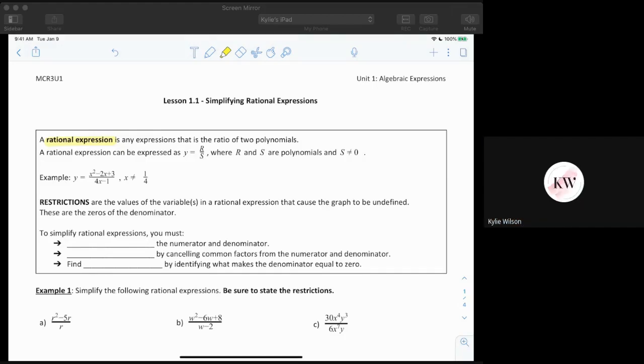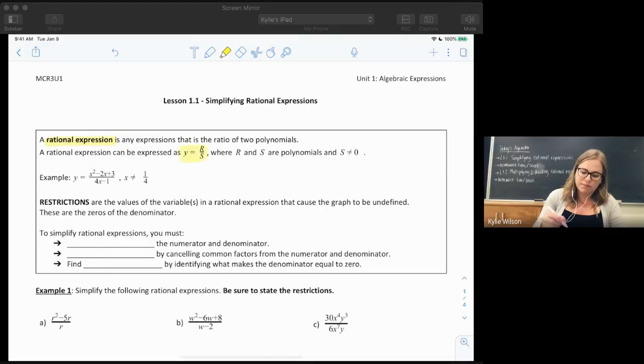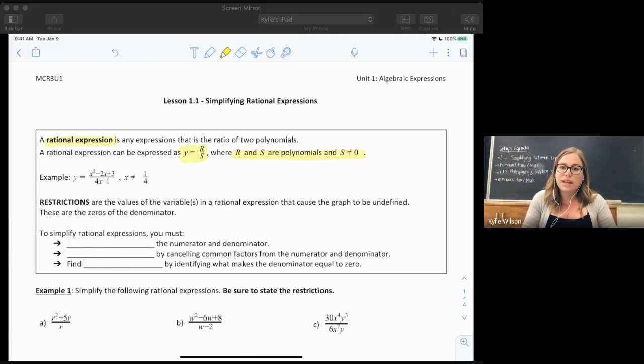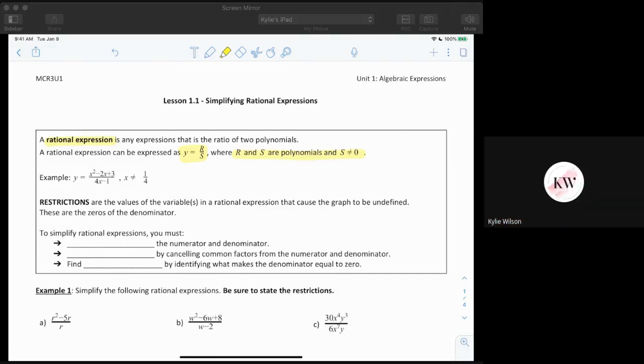So it can be expressed as y equals r over s, where r and s are polynomials. And now the really important piece is that s cannot be 0. So remember, we can't divide by 0. So that bottom part under the fraction can't be 0 ever. We really need to be mindful of that, and I'll show you how to deal with that.